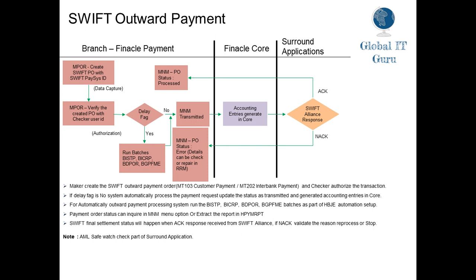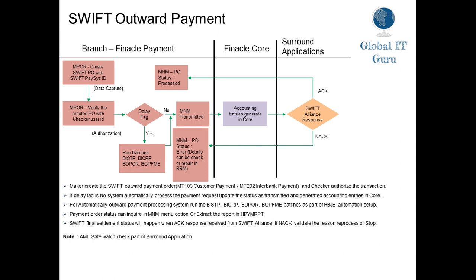So what will happen in the Finacle system or any core banking application? First of all, the maker creates the Swift payment order using the Swift basis ID, where we'll capture all the data information about the beneficiary and the customer who is requesting the transfer.